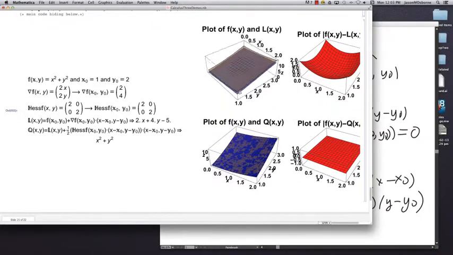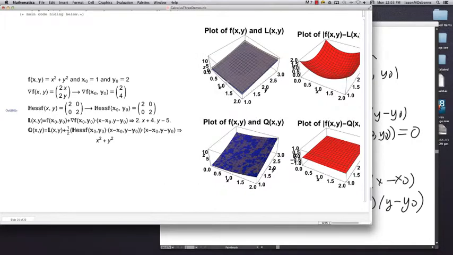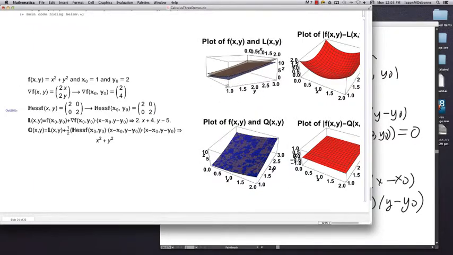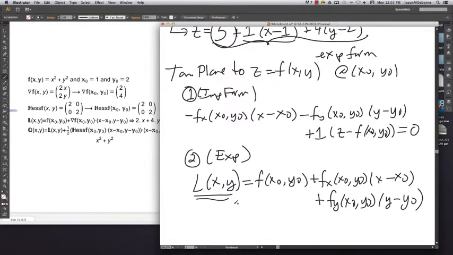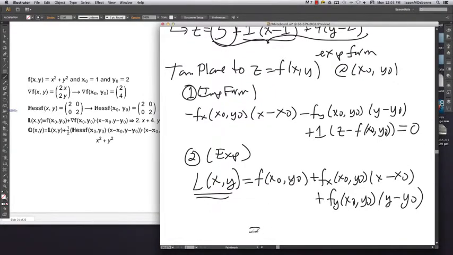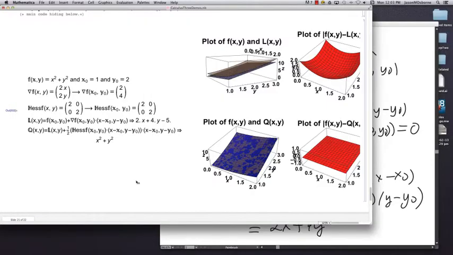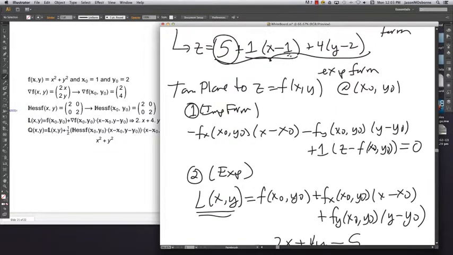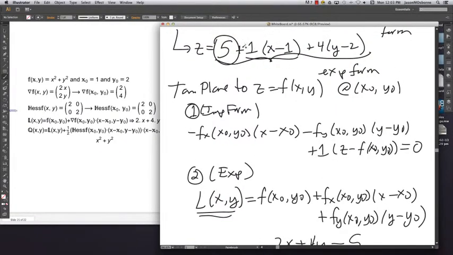Here we are at the point x naught is equal to 1, y is equal to 2. So right here is where we're drawing our tangent plane, and the plane is given as the blue surface, in a simplified form as 2x plus 4y minus 5. Okay. And I think if you expand this out, that's what you will get.